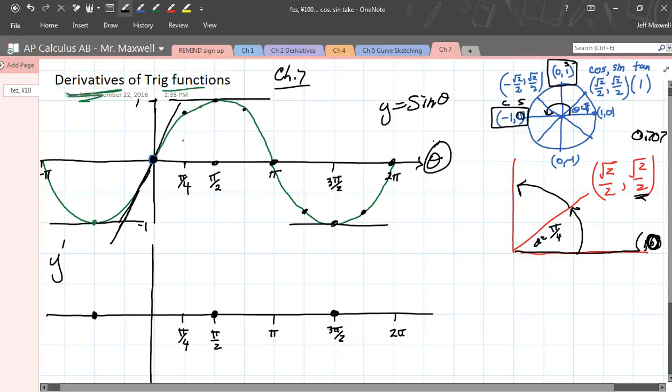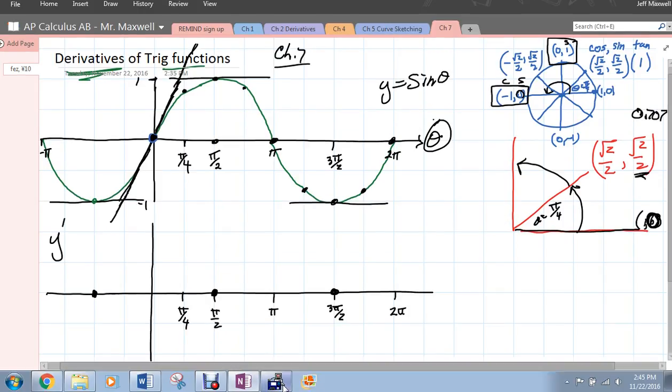That's sort of more like it, and sort of more like it there. If we actually measured this, what would it look like? That looks like a rise of 2 and a run of a little less than 1, or somewhere around 1. So that looks like a slope of about 2. But I wonder how accurate my tangent line is. You know what we're going to do?